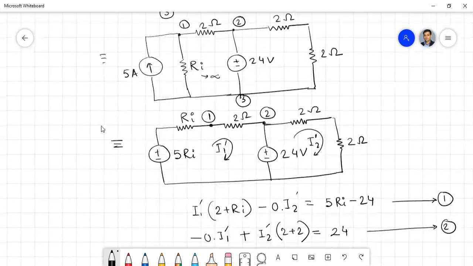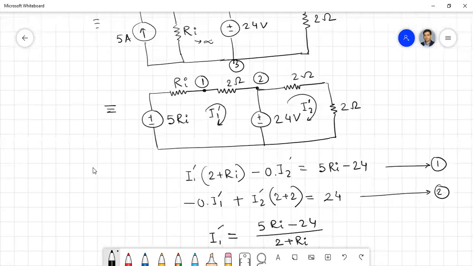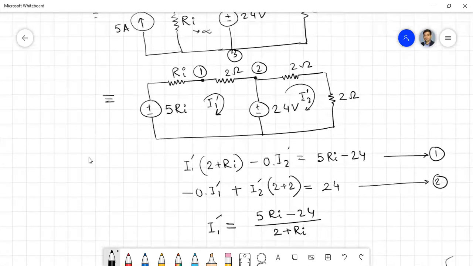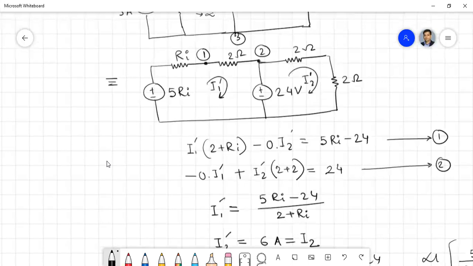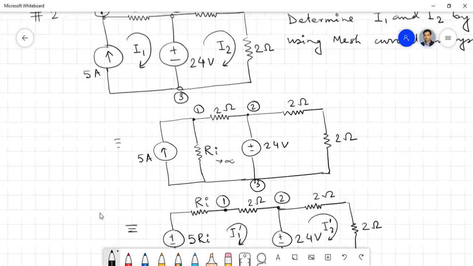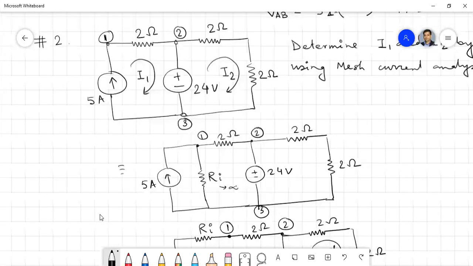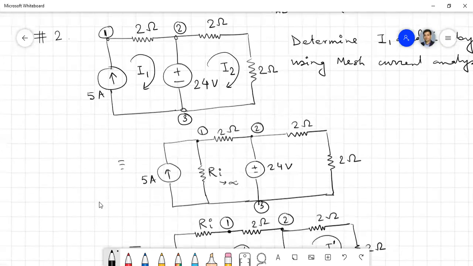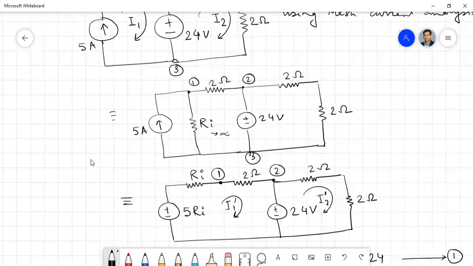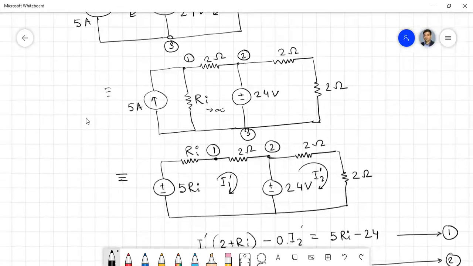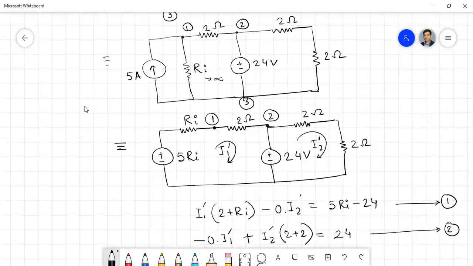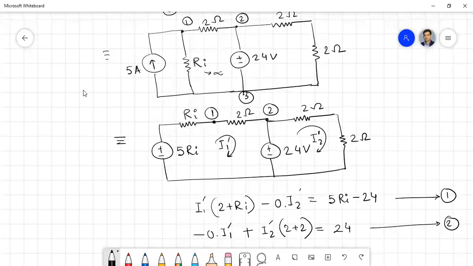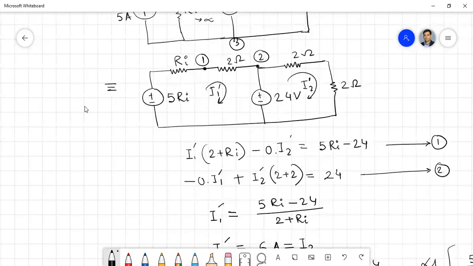So we did it by again the mesh current analysis technique, but we saw that as the current source doesn't have any resistance in parallel, we have to take a resistance in parallel whose limiting value is infinite.